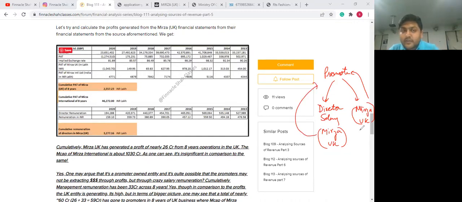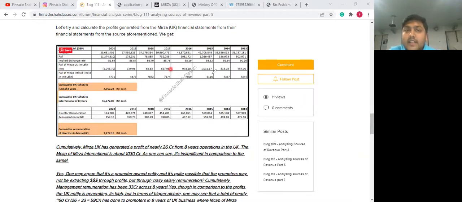So technically this figure which we talked about was nearly 26 odd crores, and this is nearly 33 odd crores. If we add it together, it's nearly 59 odd, or let's round it to about 60 odd crores across 8 years. So basically the promoters made hefty earnings of around 60 odd crores across 8 years.